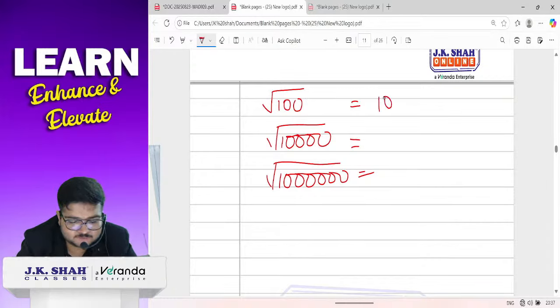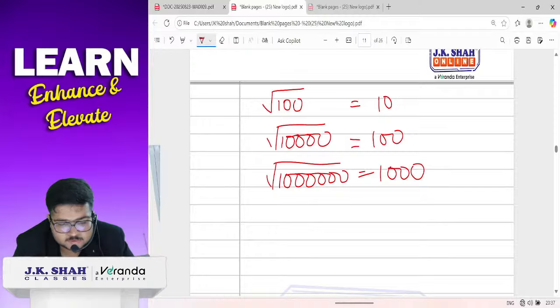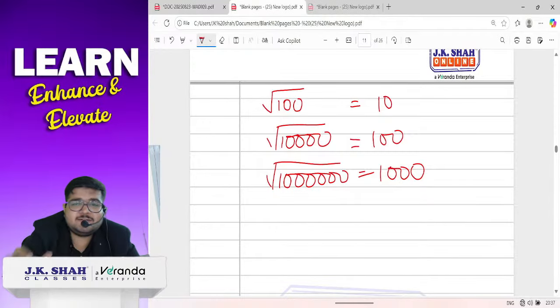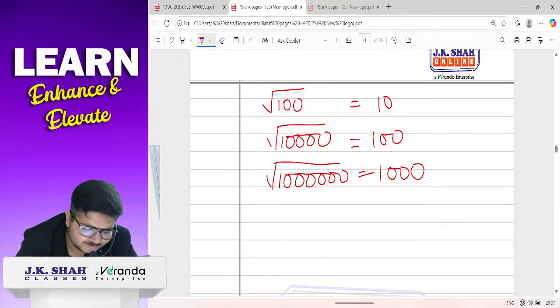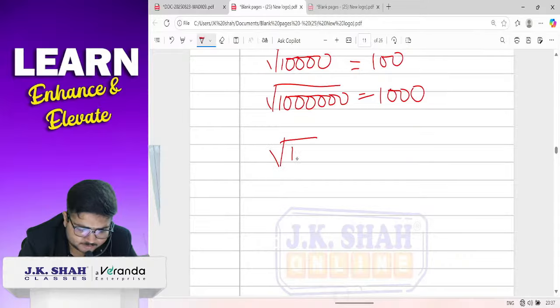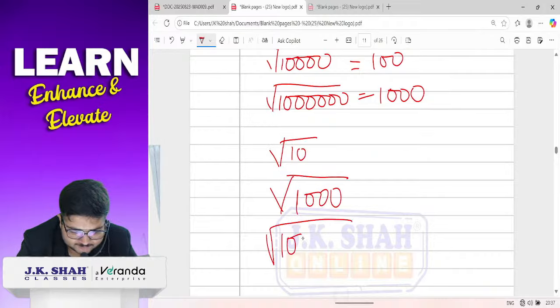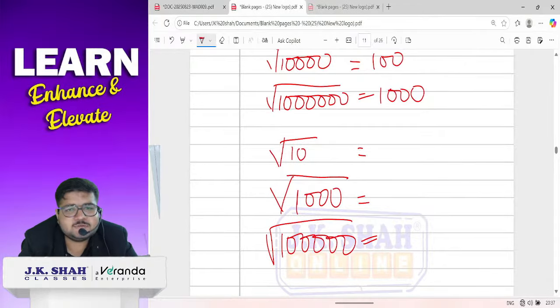For example, the answer of this is 10, this is 100, this is 1000. Only when it is ending by an even number of zeros does it allow you to calculate the square root. If it is ending by an odd number of zeros, for example 10, 1000, you can say 1 lakh, this won't allow you to calculate your square root.